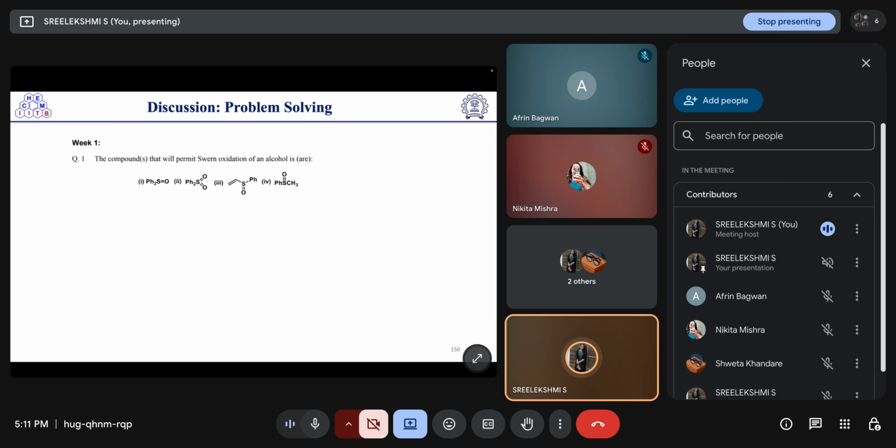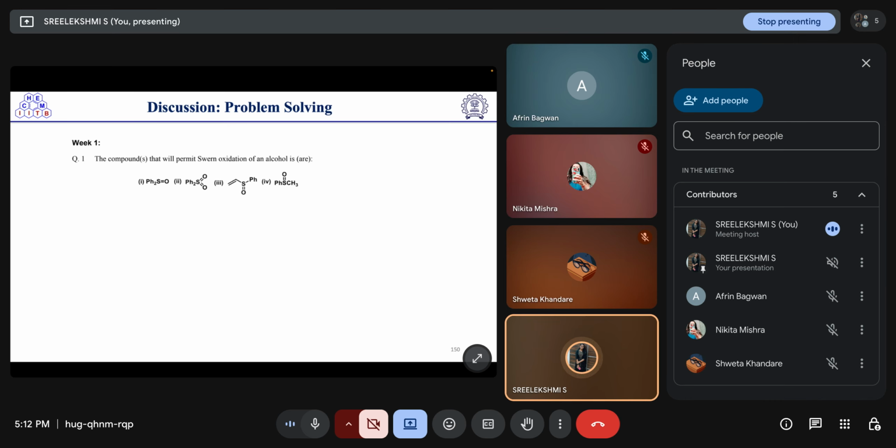So the first question of the week 1 assignment was: the compound that permits oxidation of an alcohol is. Here four reagents are given, so which will be the correct answer? It would be good if any of you can respond.